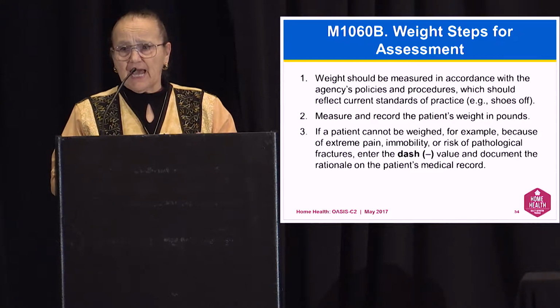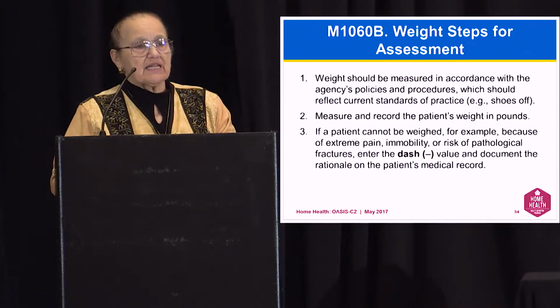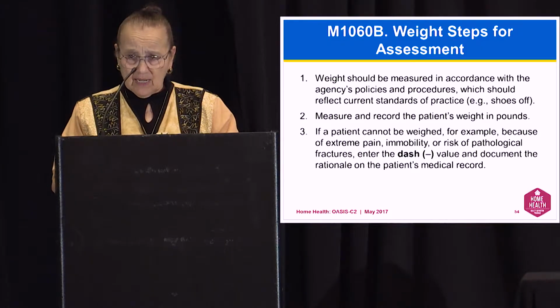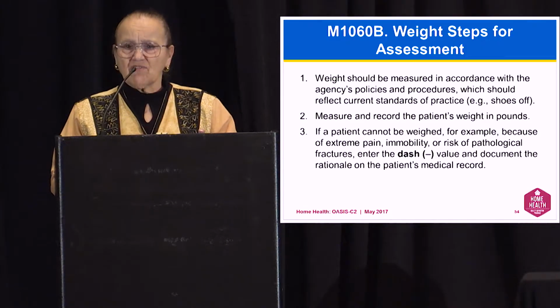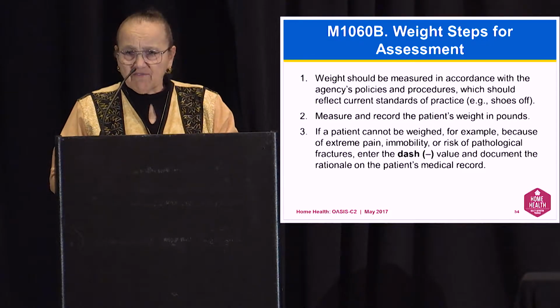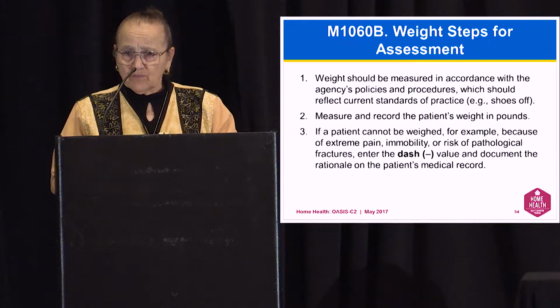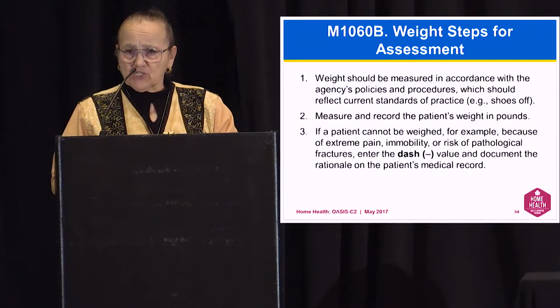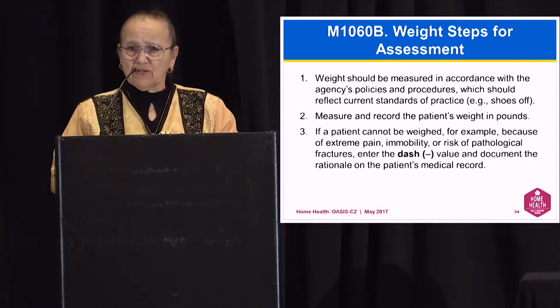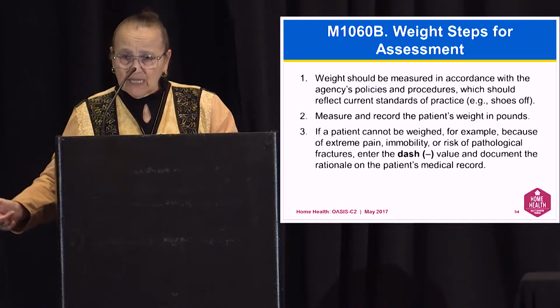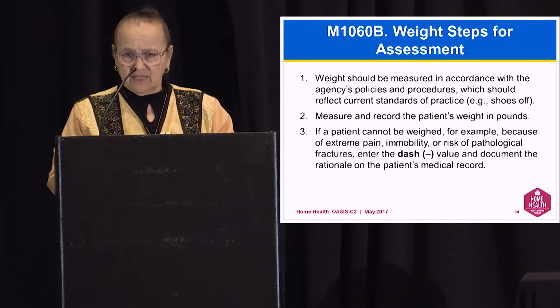If you use the dash, then your nurse's admission assessment narrative for the SOC or ROC must have a valid reason noted. The patient has a very high risk of pathological fracture secondary to. The patient suffers from extreme pain from this diagnosis, as evidenced by whatever. You need to have that sentence in there.